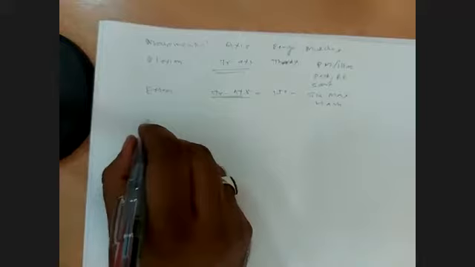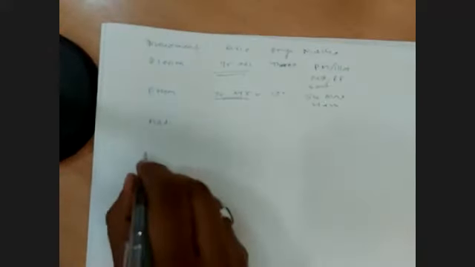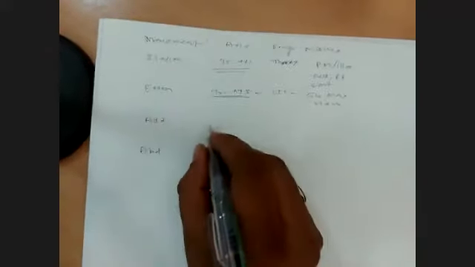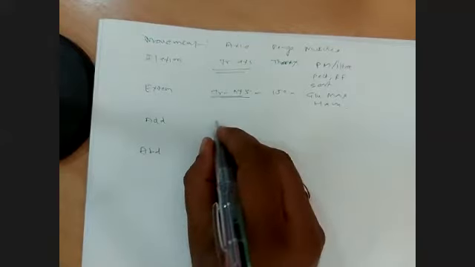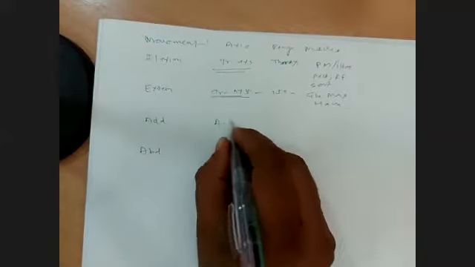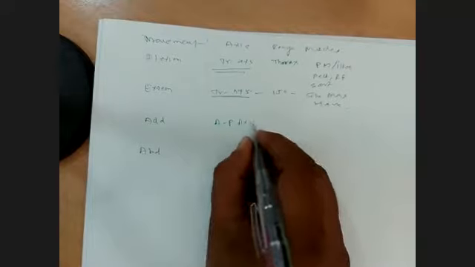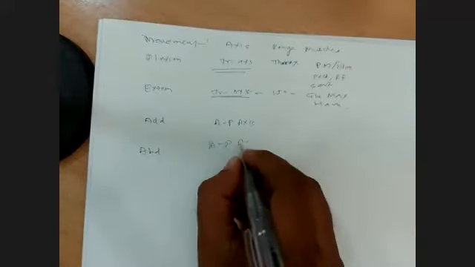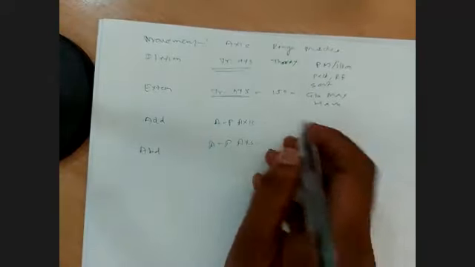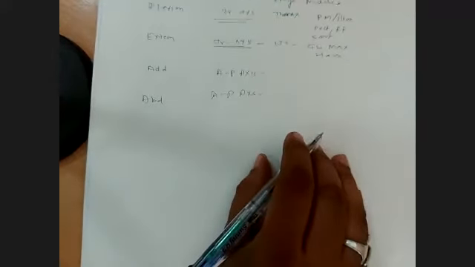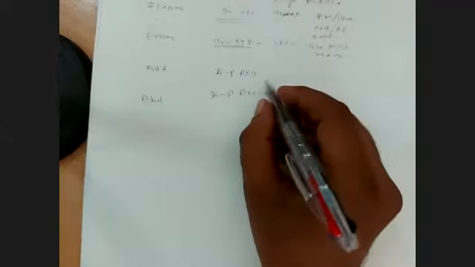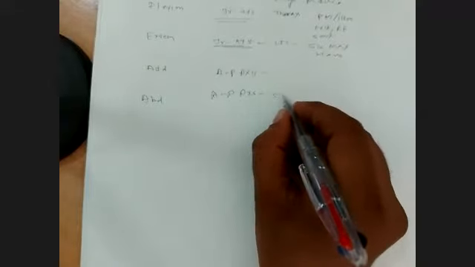Then adduction and abduction take place around the anteroposterior axis. The range of abduction is 50 degrees.